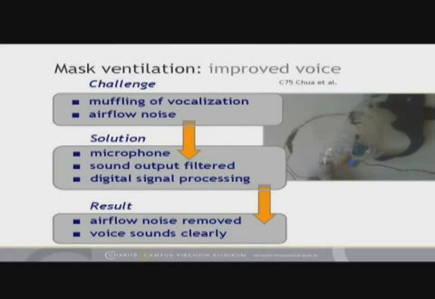The benefit of non-invasive ventilation is well established, but a major problem is the muffling of the voice because of the mask and the associated air flow.